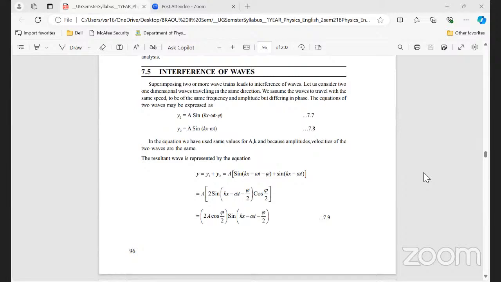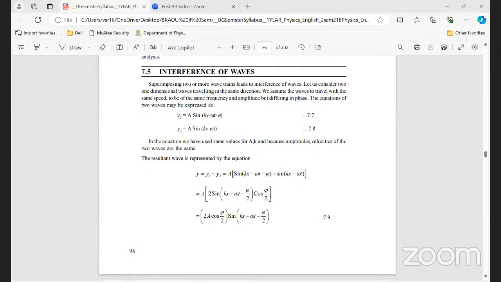That means the crest of the first wave and the trough of the second wave, or the crest of the second wave and the trough of the first wave, are superimposed. There you can say destructive interference takes place, and a dark band is formed. So in interference, bright and dark fringes are formed.